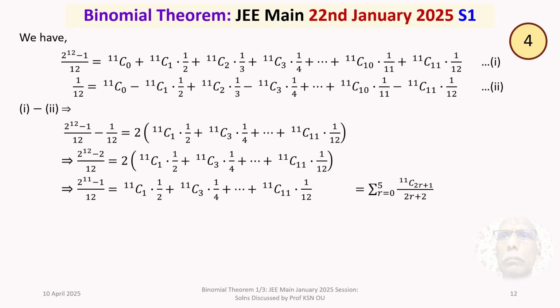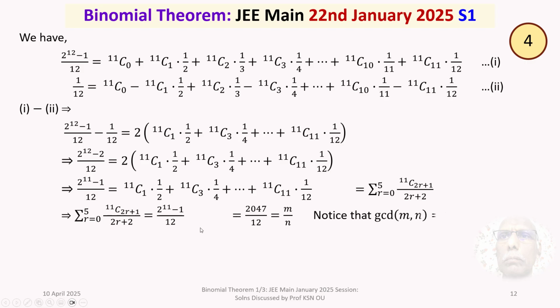Yes. So sigma r is equal to 0 to 5, 11 C2r plus 1 by 2r plus 2 is 2 to the power of 11 minus 1 by 12. 2 to the power of 11 is 2048 minus 1 is 2047 by 12. This is m and this is n. There are no common factors.